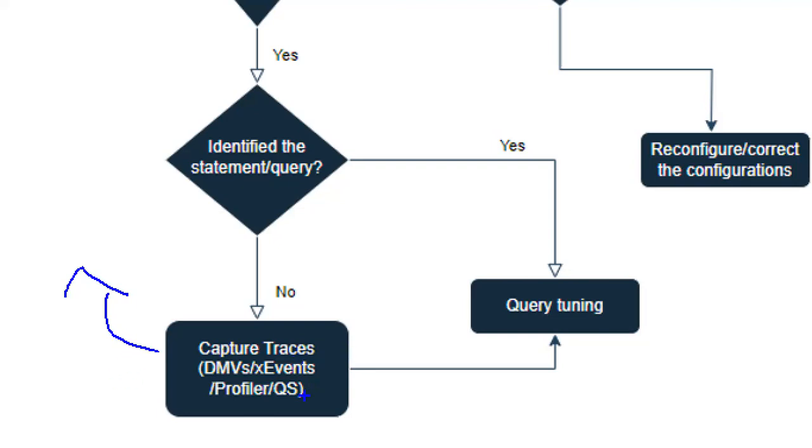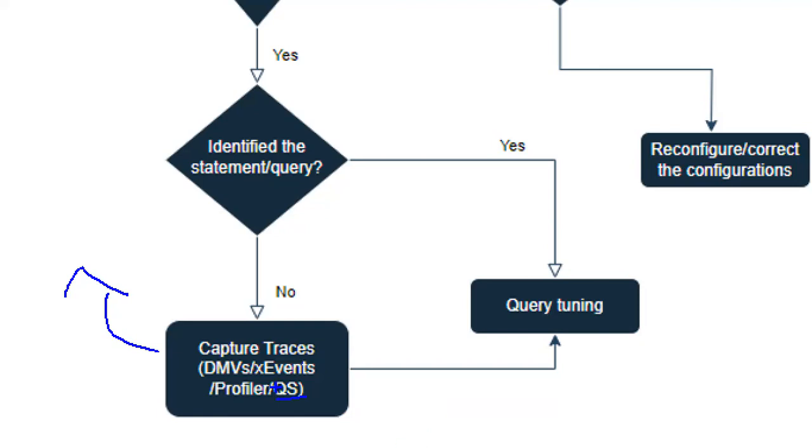But to answer your question, if you don't know when the issue would happen, let's say the issue happens every day but we don't know the exact time, and you want to investigate it, you can leave extended events or query store enabled, so that you will have the particular statement which is running and taking more time to execute.